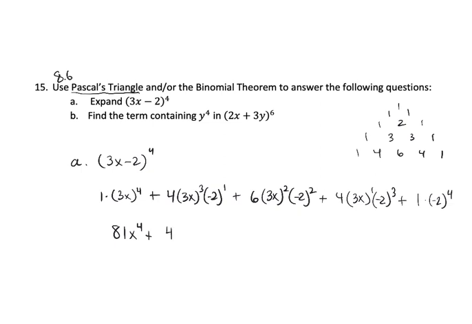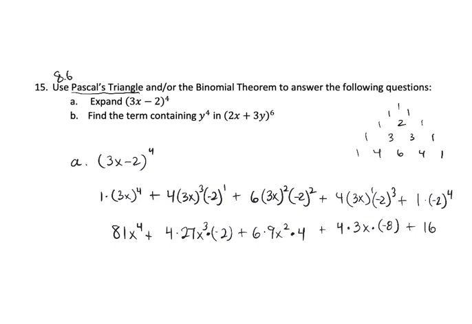This is going to become 4 times 27x to the 3rd times negative 2. This becomes 6 multiplied by 9x squared times positive 4. This is 4 times 3x times negative 8. And this is negative 2 to the 4th power is 16.